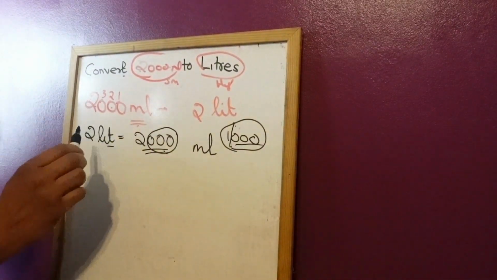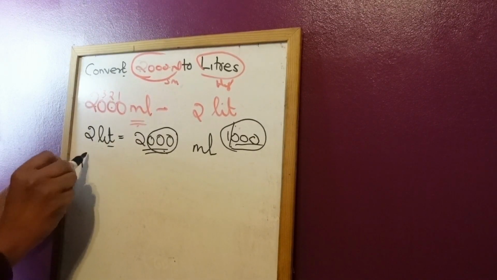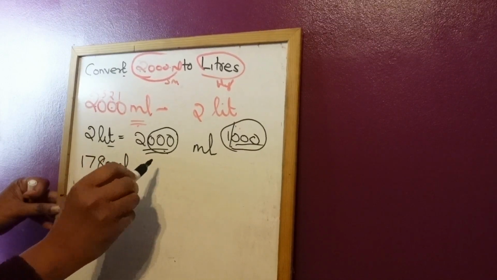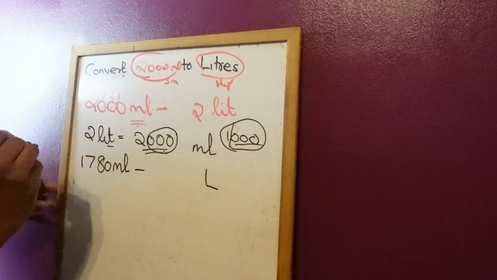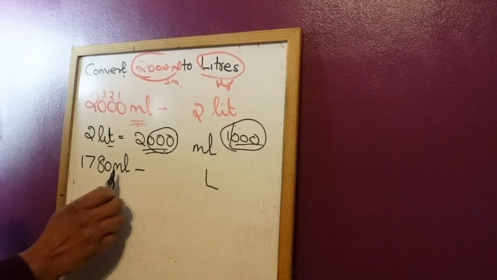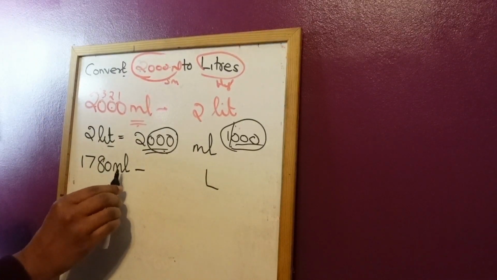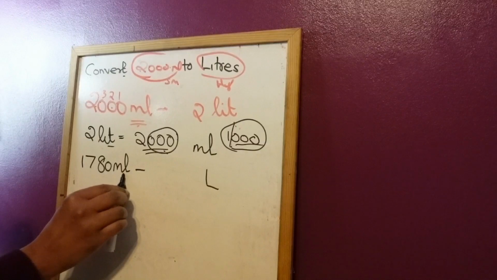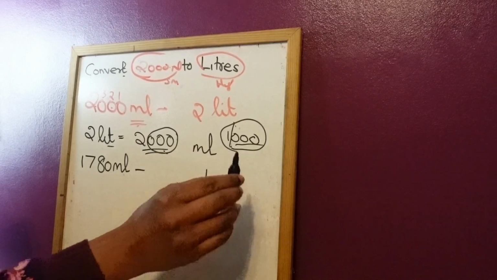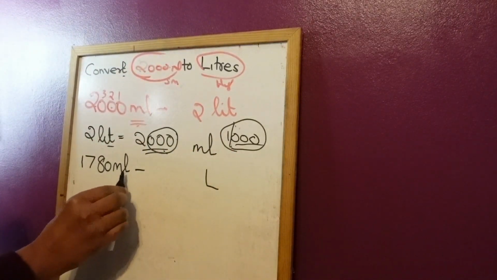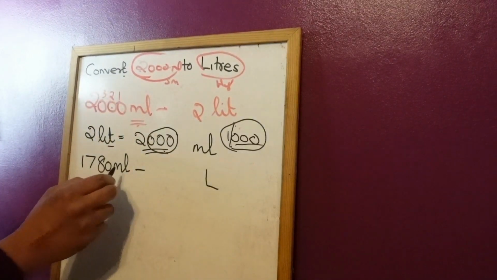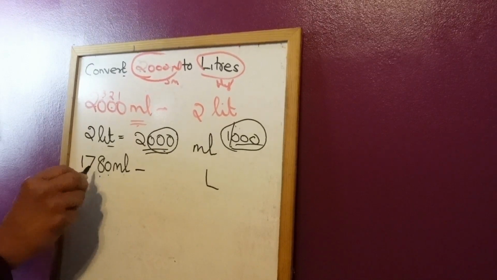Okay, so just imagine if you want to convert 1780 ml to liter, how do you do it? What I said: if you have to convert from the small dose to the higher dose, you have to place the point 3 numbers to the right. 1, 2, 3.